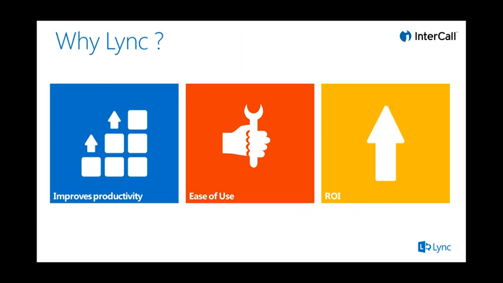A big area around this is business productivity, speed of process, and transactional processes in the workplace, and particularly customers' expectations for service to improve. They demand a much more responsive level of service.